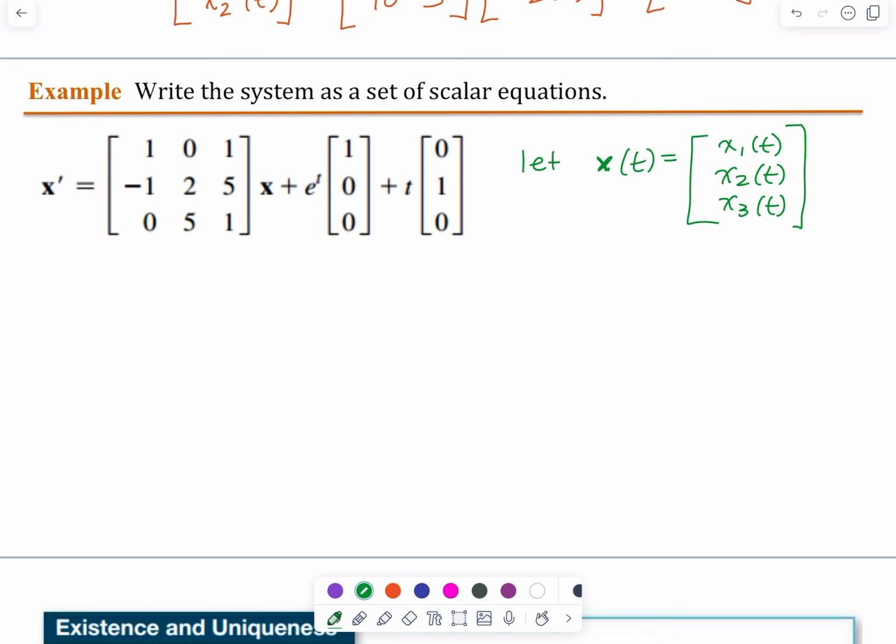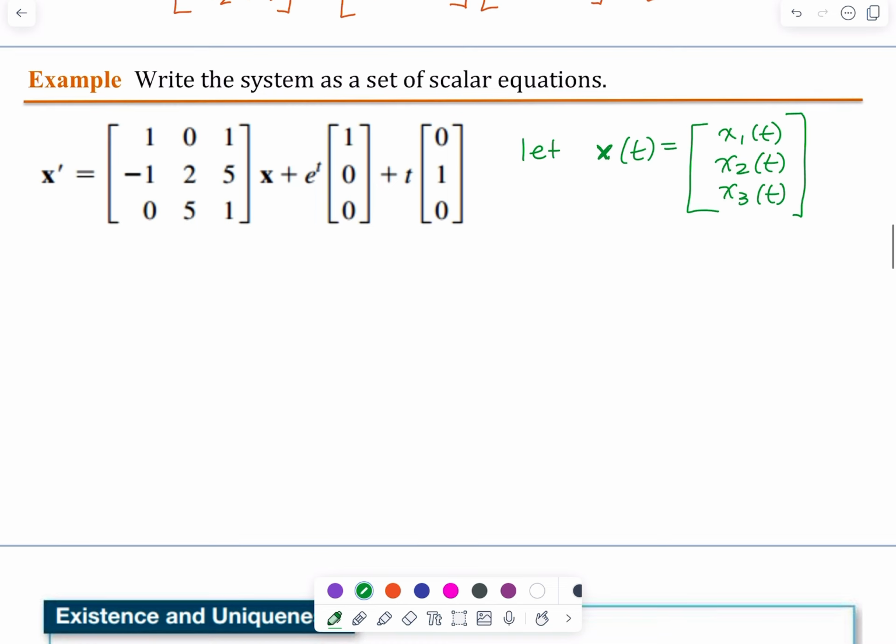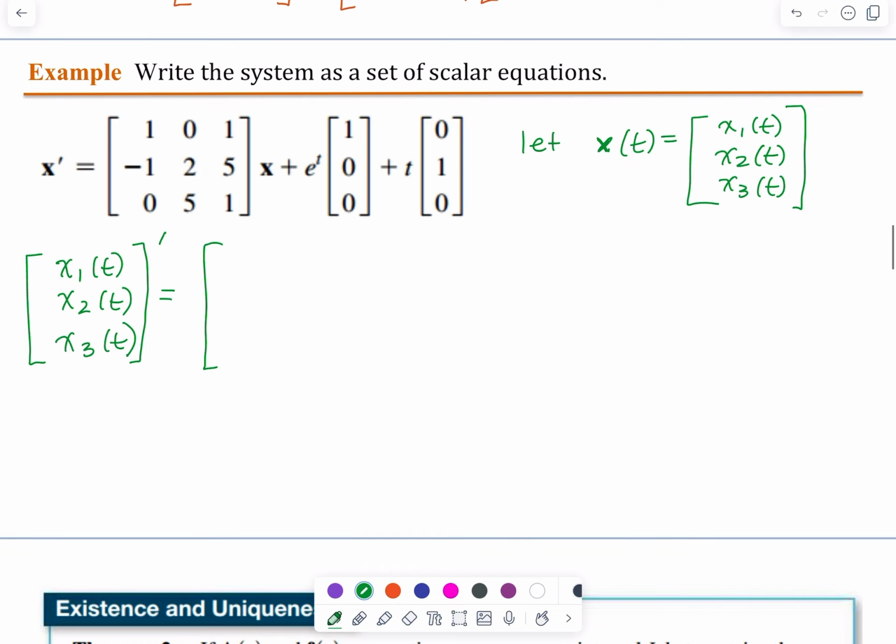And now we can say that, and here we have our matrix. And then here we have our vector of unknown functions.